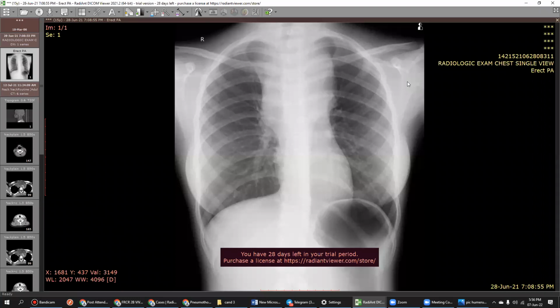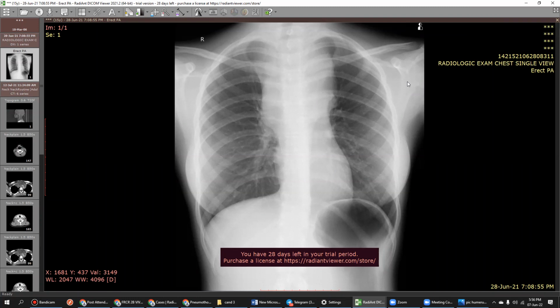There is a large soft tissue density mass in midline in the region of the anterior mediastinum. It has well-defined lateral margins, and it does not extend above the level of clavicles. Inferiorly, it is merged. You told anterior mediastinum or superior? Anterior, right? How can you say it's anterior?